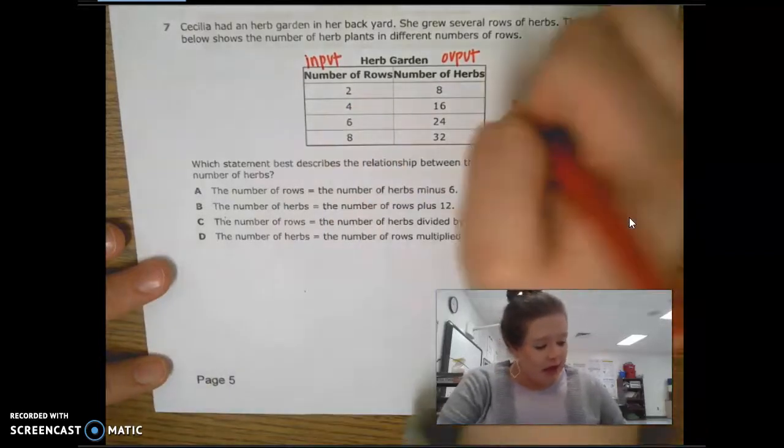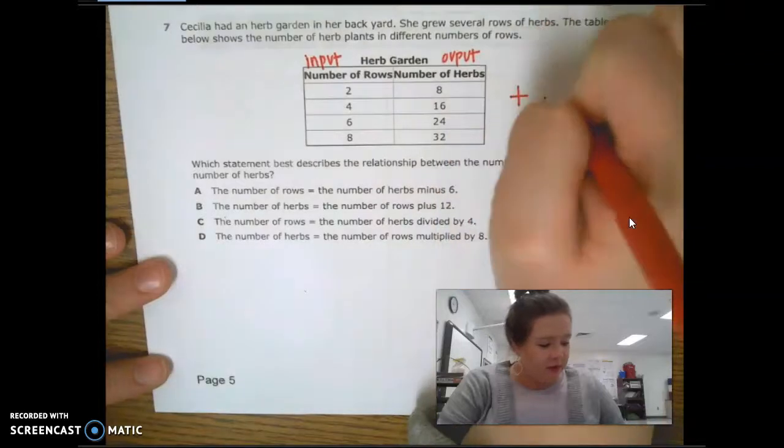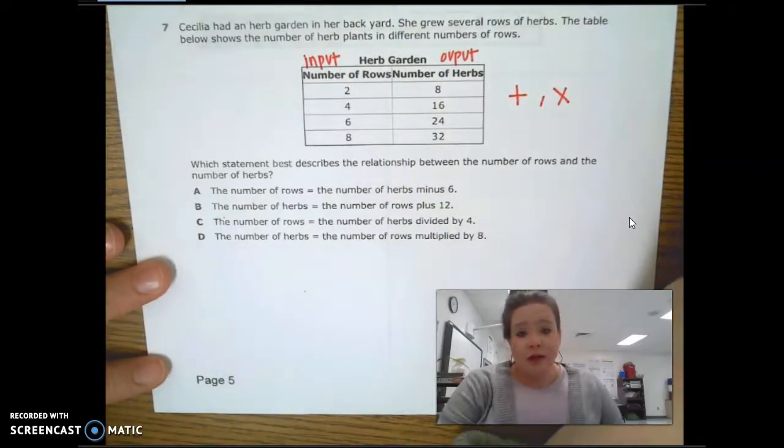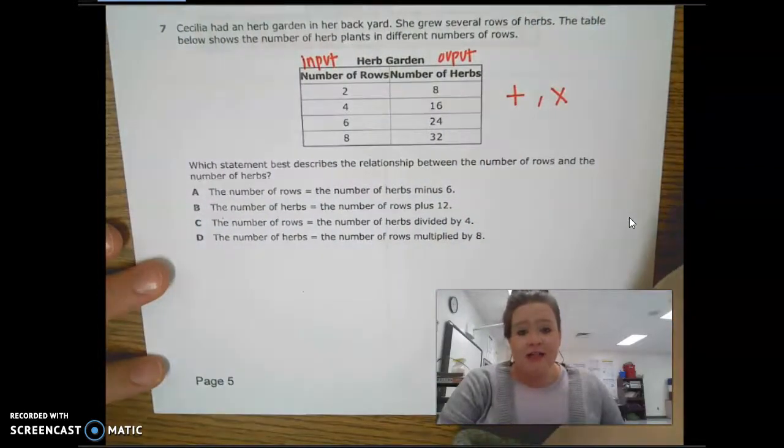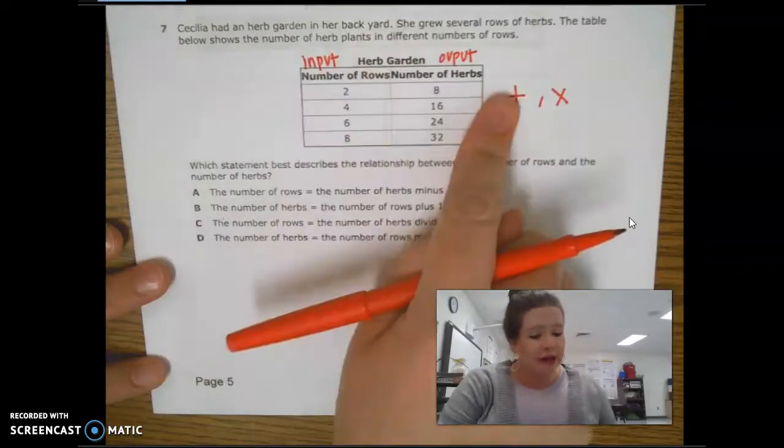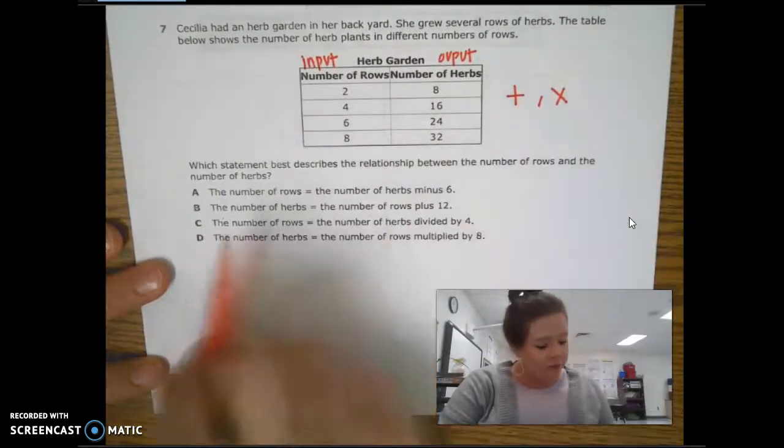Good. Addition and multiplication. Subtraction and division would make your number smaller. And my number is not getting smaller, my number is getting bigger.